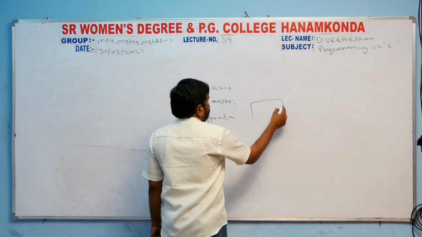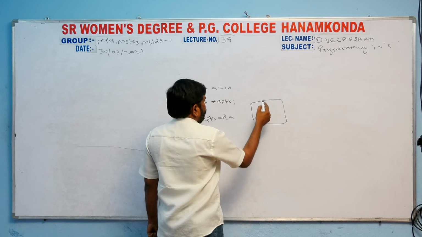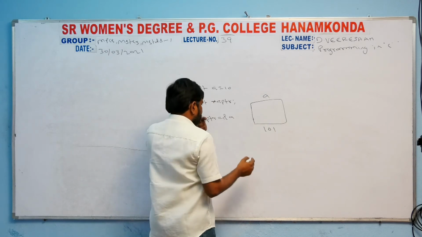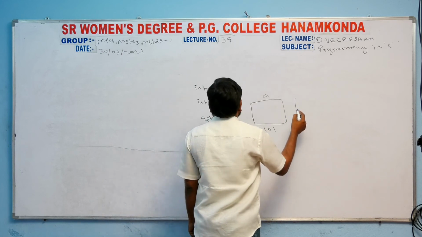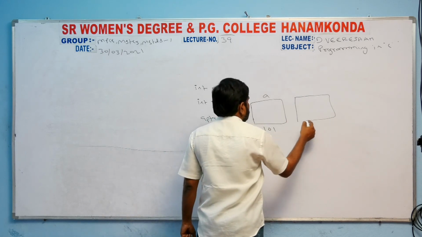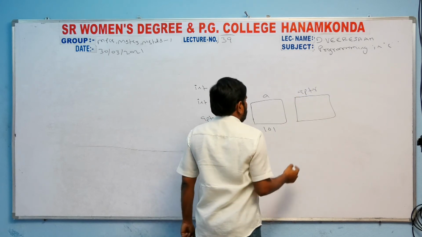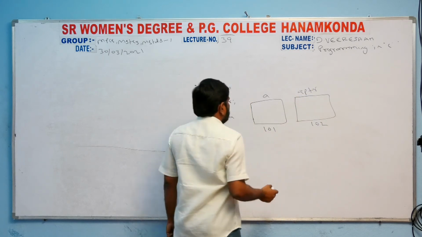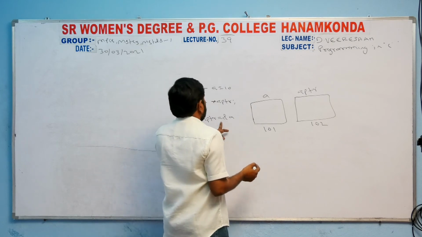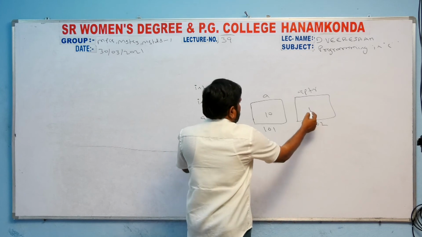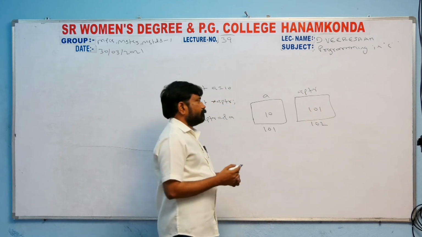First we take the variable name A, and the address will be suppose 101. The other variable is A pointer, with address 102. In A I am storing 10, and in A pointer I am storing the address of A, which is nothing but 101.